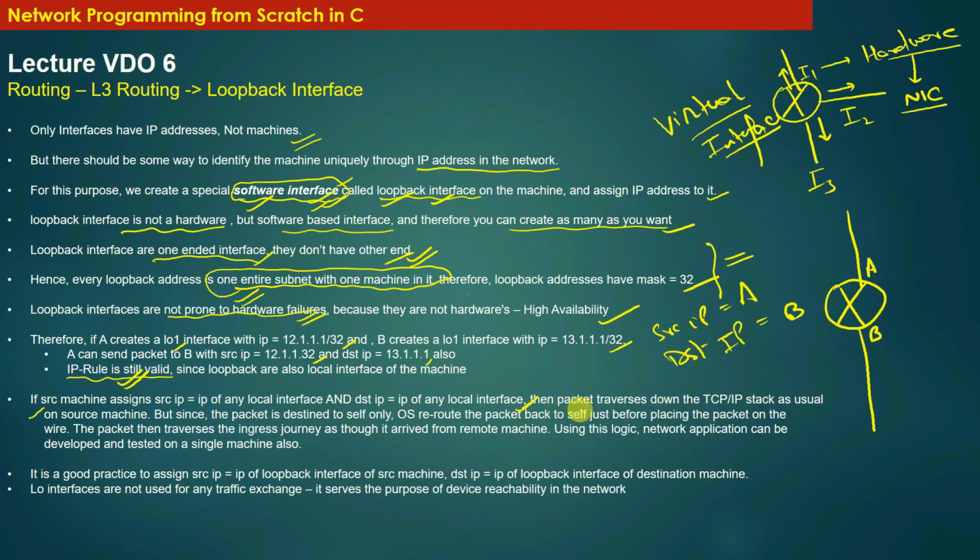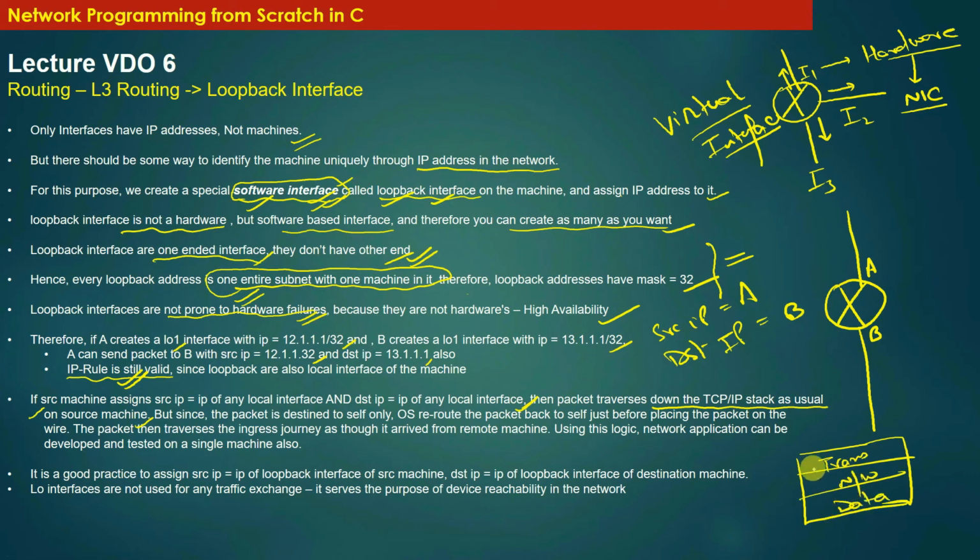The packet will traverse down the TCP/IP stack as usual on the source machine. That is, remember the TCP/IP stack and the outgoing journey of a packet. You have a transport layer here, a network layer here and the data link layer.